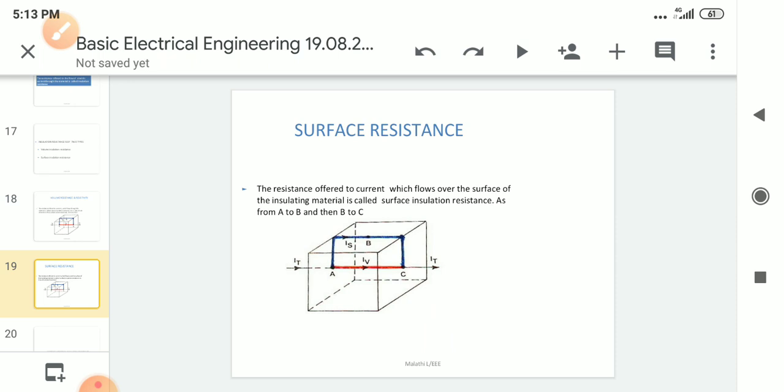Here see, this is a cube of insulating material. From A to B and then B to C, see, it is in blue ink. I write that A to B, B to C. It is the surface path.